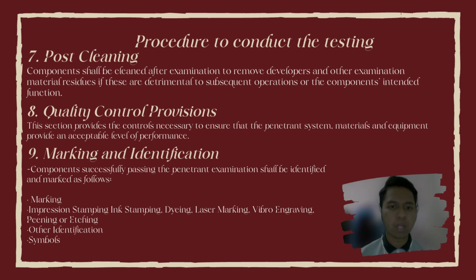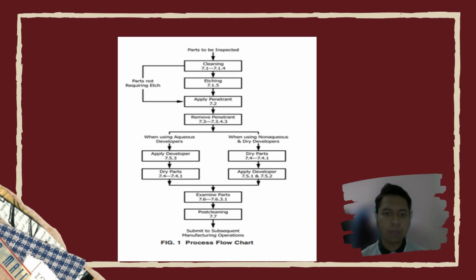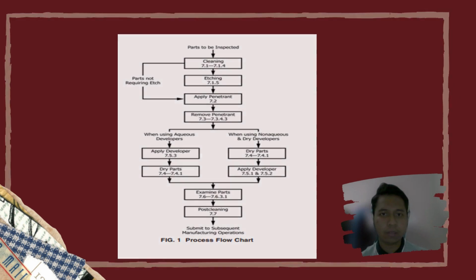Components successfully passing the penetrant examination should be identified and marked as follows: marking, impression stamping, dye stamping, laser marking, vibro engraving, peening or etching, and other identification, and the last one is symbol. So this is the process flowchart to make this procedure easy to understand.